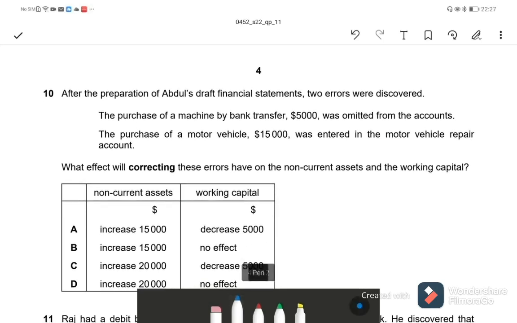Question number 10. After the preparation of Abdul's financial statements, two errors were discovered. The first one, the purchase of a machine by bank transfer 5,000 was omitted from the accounts.